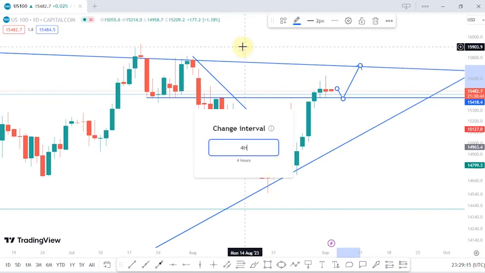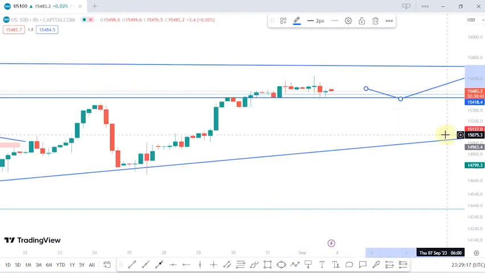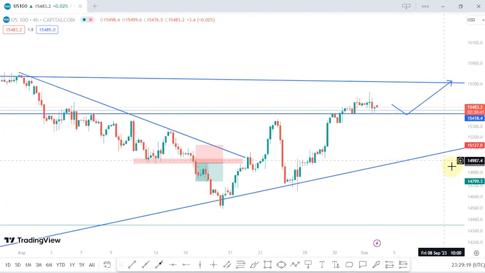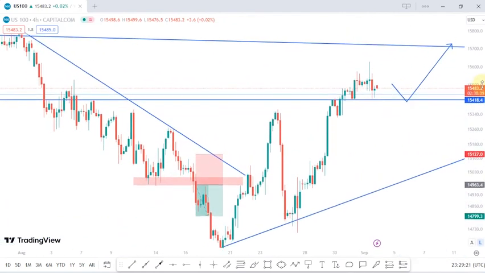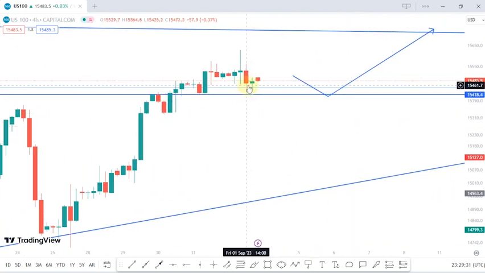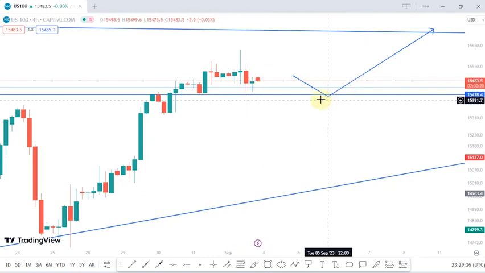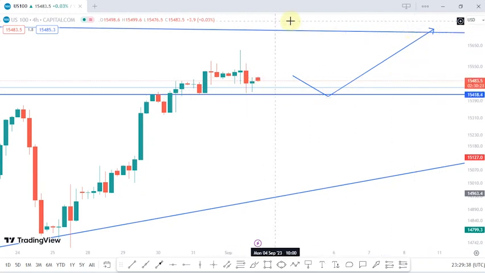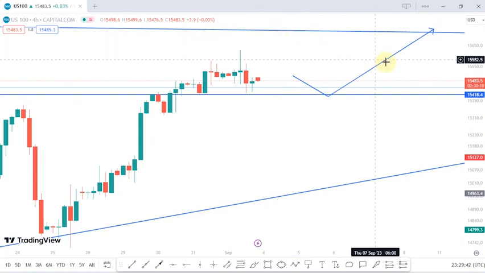When we go to the H4 time frame, we could see what price is about to do here. Price hit this line, which serves as a support, and for the second time, I expect price to bounce back to this trend line before going up to the next support and resistance level.